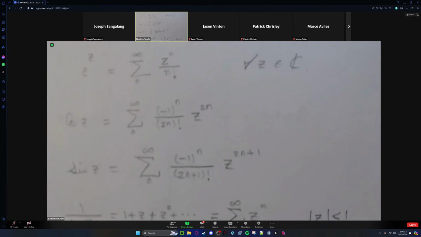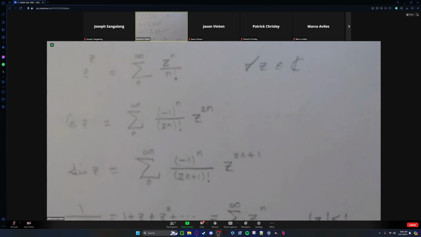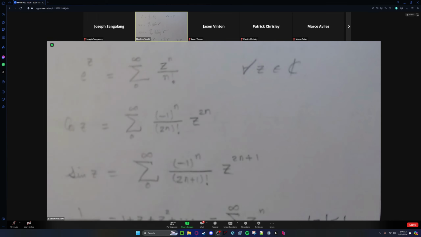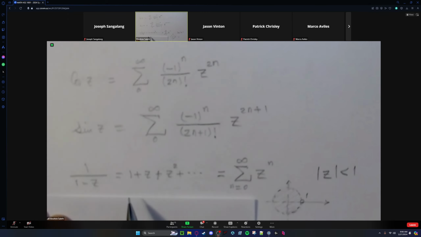There is another one, though, and that is the geometric series. Remember the geometric series? The geometric series is this. It converges if and only if the modulus of z is less than 1. Now, from this point on, we can use these.